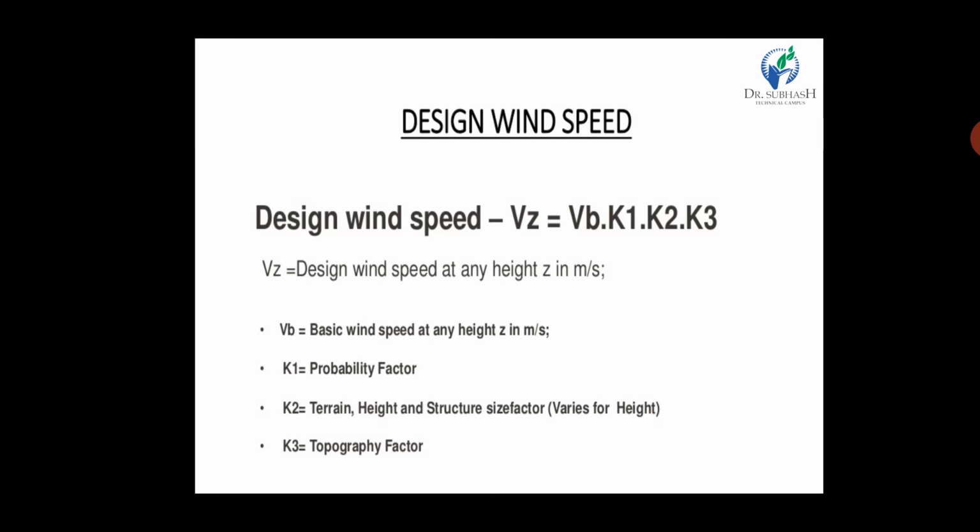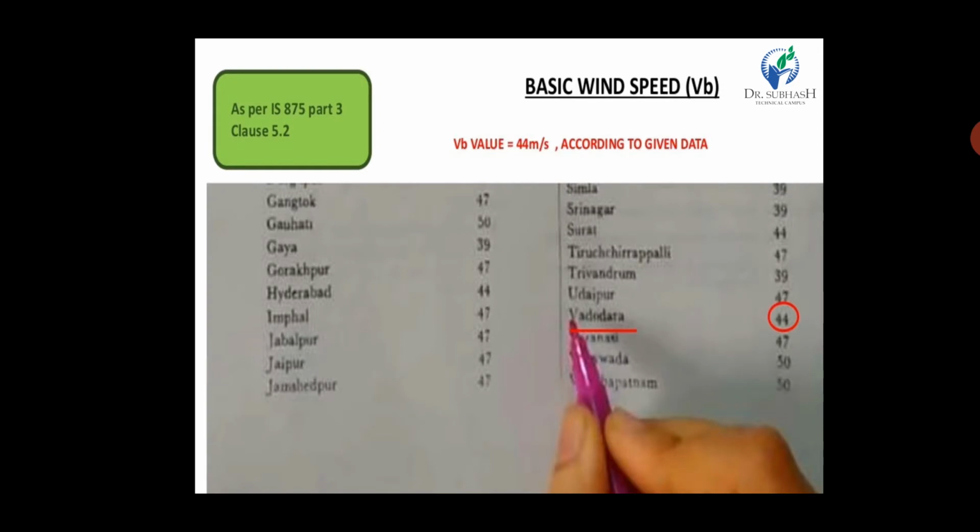K2 is the terrain height and structure size factor, given on page number 12 in IS 875 part 3. K3 is given in clause 5.3.3.1, page number 12. So first of all, we calculate the value of Vb, which is given in IS 875 part 3, clause 5.2.